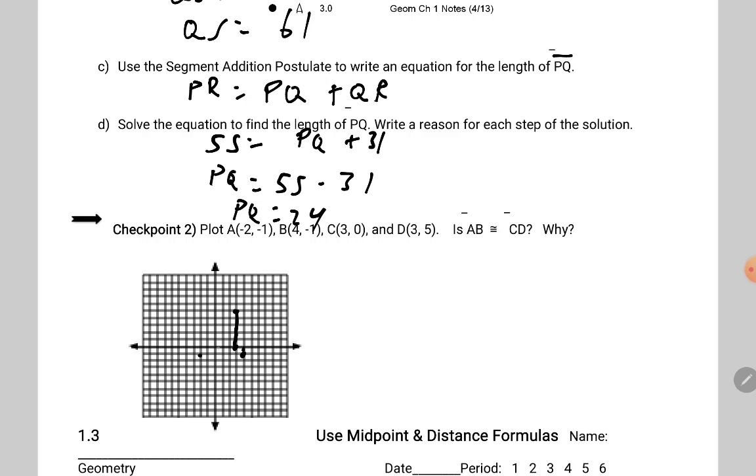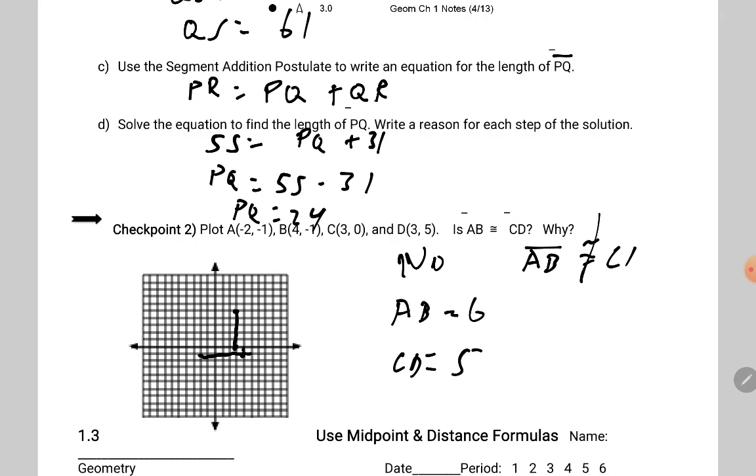So that's 5 there. And I believe this is 1, 2, 3, 4, 5, 6. No, because AB is 6 and CD is 5. So AB is not congruent to CD. So you put the congruent symbol and then slash through it.